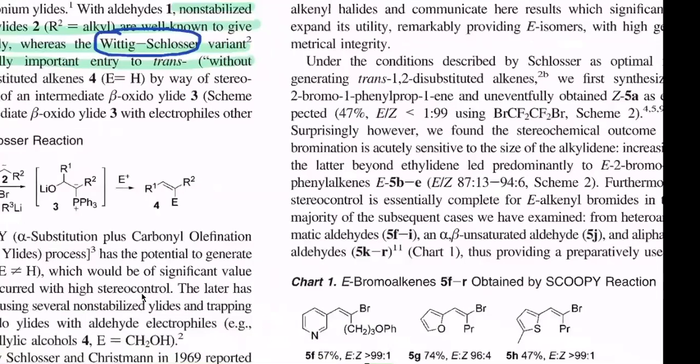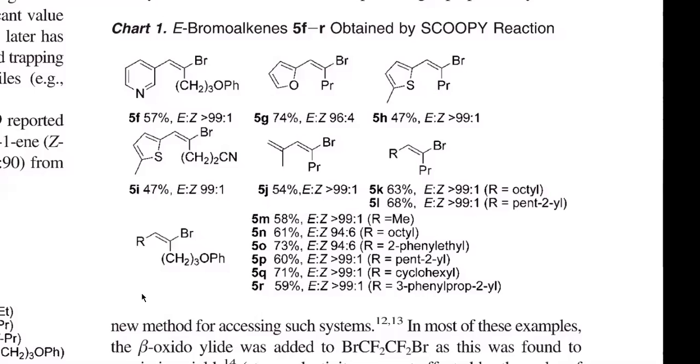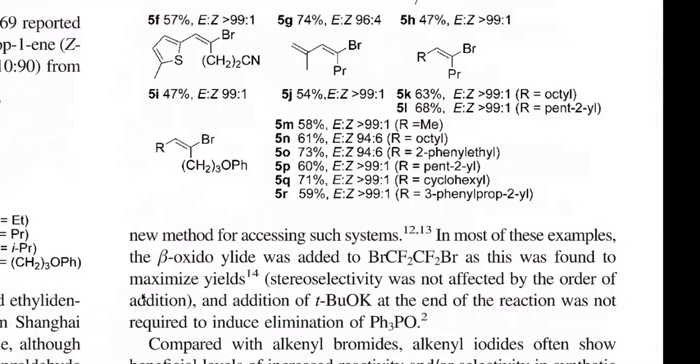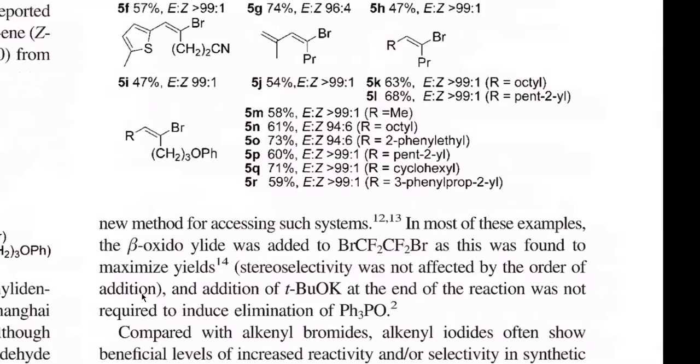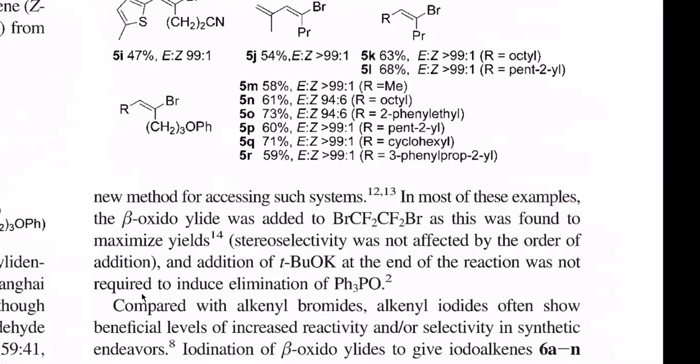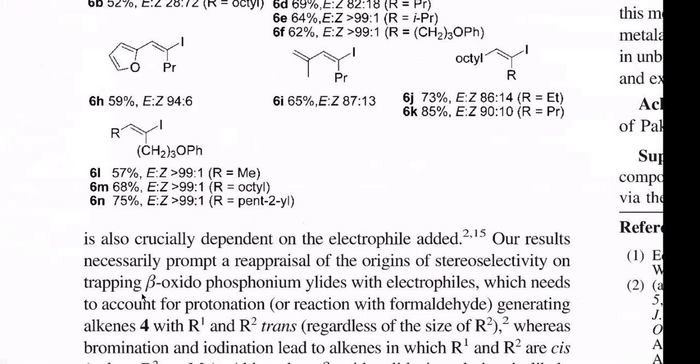And then they ended up trying something different, using iodine, I believe. And the results from those experiments are shown in chart two. All right, I'm gonna scroll to chart two.